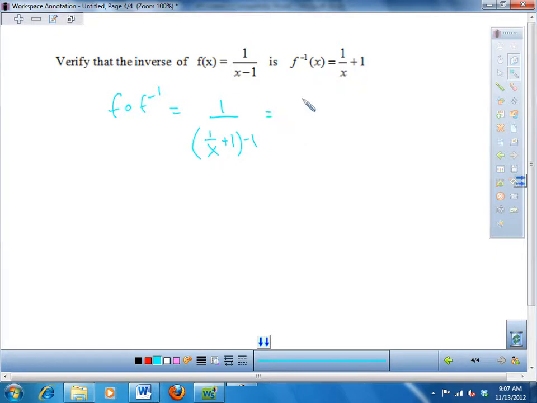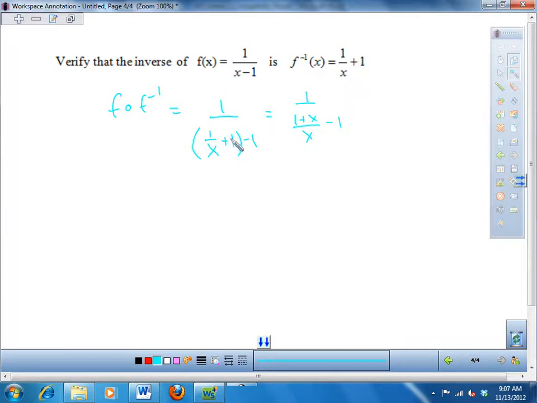So this is equal to 1 over, now to find a common denominator here, I can multiply this 1 by x over x, which gives me on the bottom 1 plus x over x, minus 1. Do you see what I did?